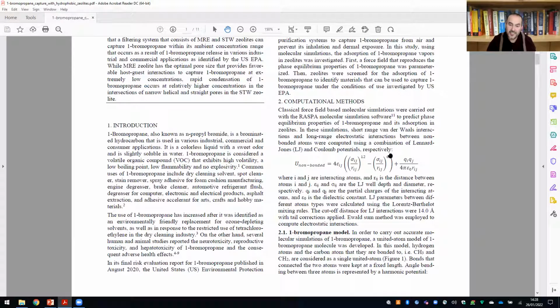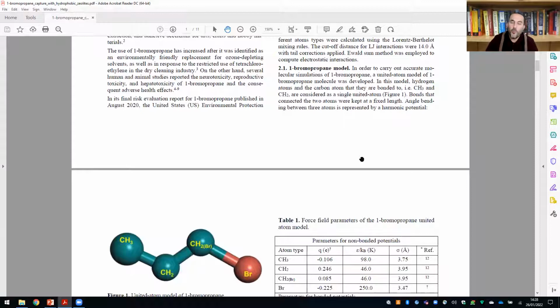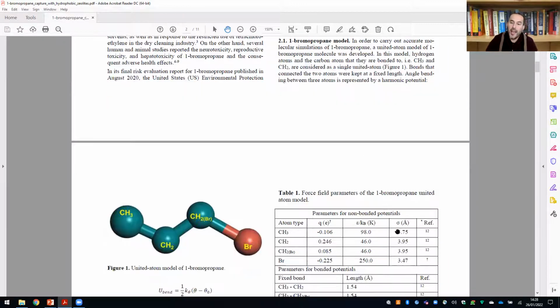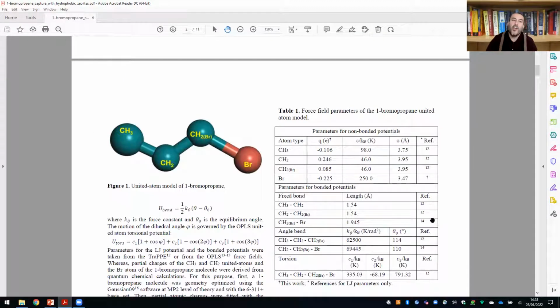Now the next thing is to determine the sigma and epsilon of the Lennard-Jones potential, and here comes the final check. We compute certain vapor-liquid equilibrium properties from simulations, and we compare them against experimental data.